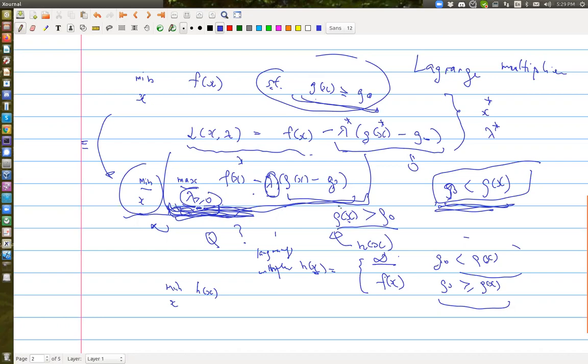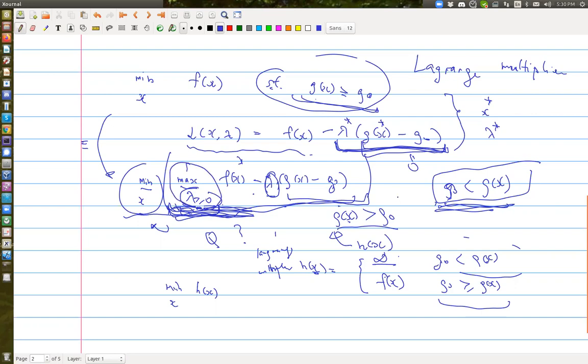Should I slow down a little bit? I tend to confuse myself a lot, here also. So the complementary slackness condition is saying that for this term, if you have the optimum value for your lambda and x star, this term should be equal to 0. It's very easy to understand why.